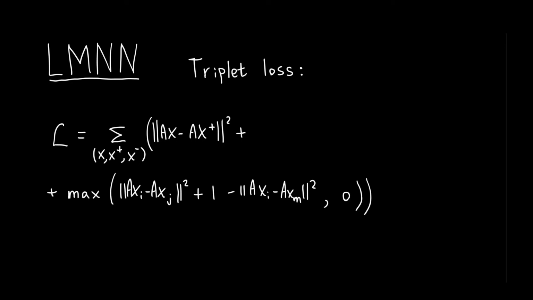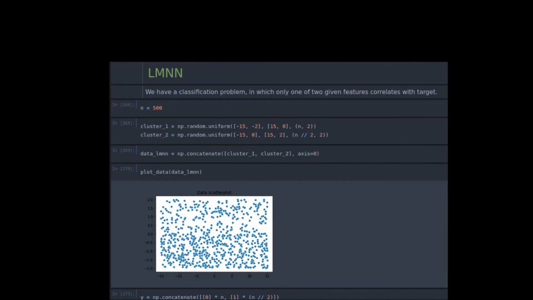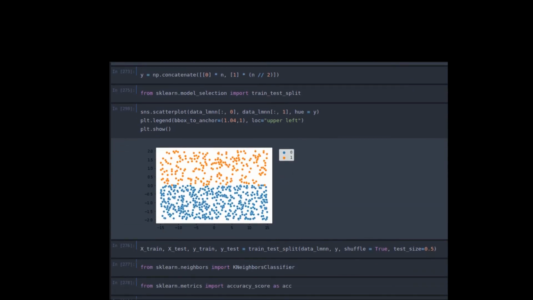Now let's apply large margin nearest neighbor to data with hopes that it will learn scales that can ease the used algorithm's job. We will solve a classification problem using k nearest neighbors classifier as our base algorithm. The problem will have two features, and target will depend on only one of them.